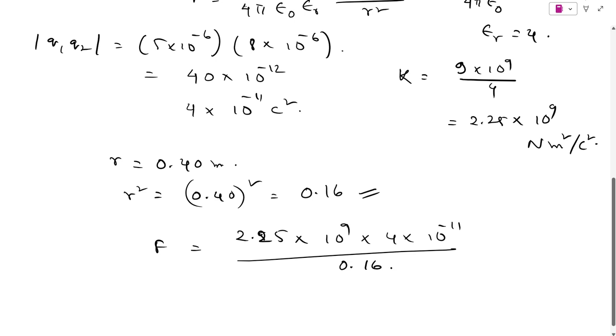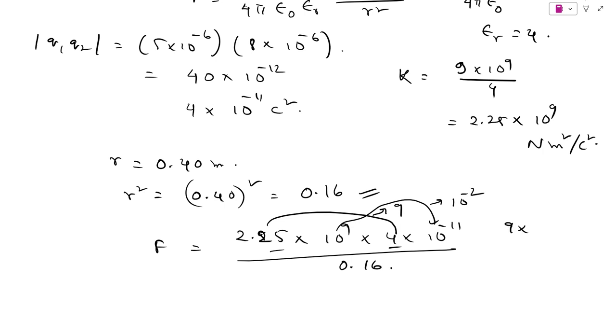So first multiply 2.25 into 4. So this is basically 9. And 10 to the power 9 into 10 to the power minus 11 is basically 10 to the power minus 2. And 9 into 10 to the power minus 2 is 0.09. Now F will be 0.09 by 0.16.